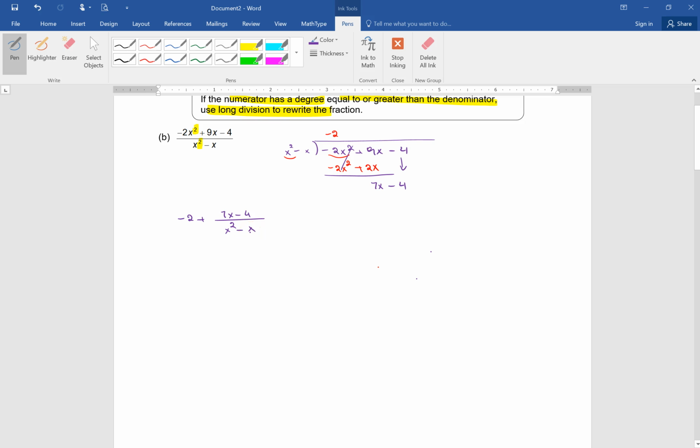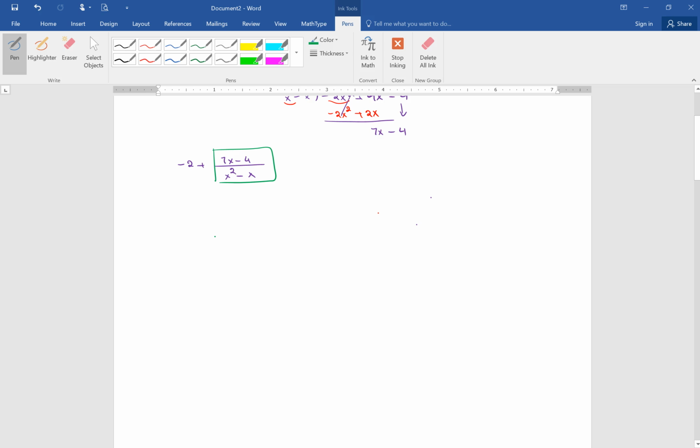Now what we have to do is decompose this fraction. We're going to set the negative 2 aside for a minute and just work with that fraction. So we have 7x minus 4 over x squared minus x.